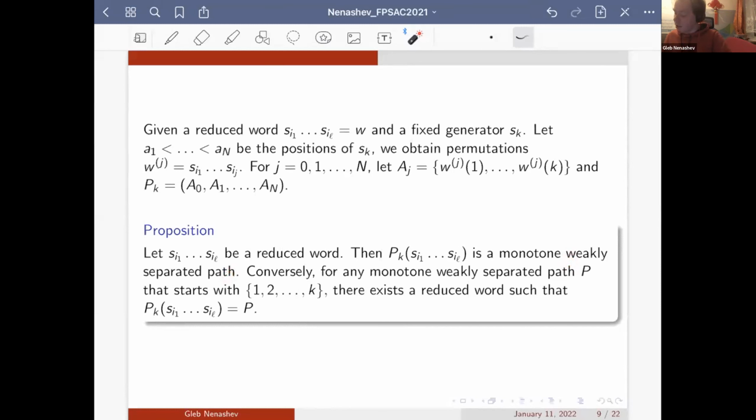And in the reverse direction, if P starts from set 1 to k, then there is such a reduced word that pk of this reduced word is P. So in some sense, it's a reformulation of the problem, and it's a very useful method to construct examples. And of course, weakly separated sets are well studied for the non-negative Grassmannian and such stuff.